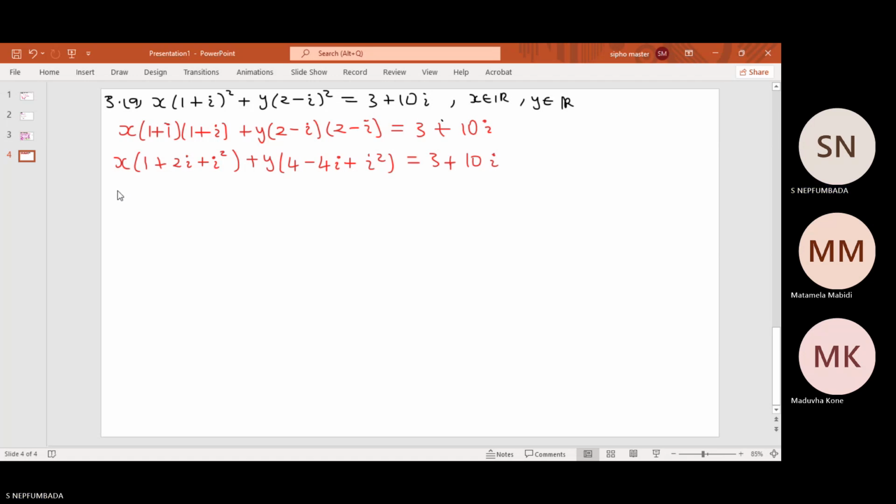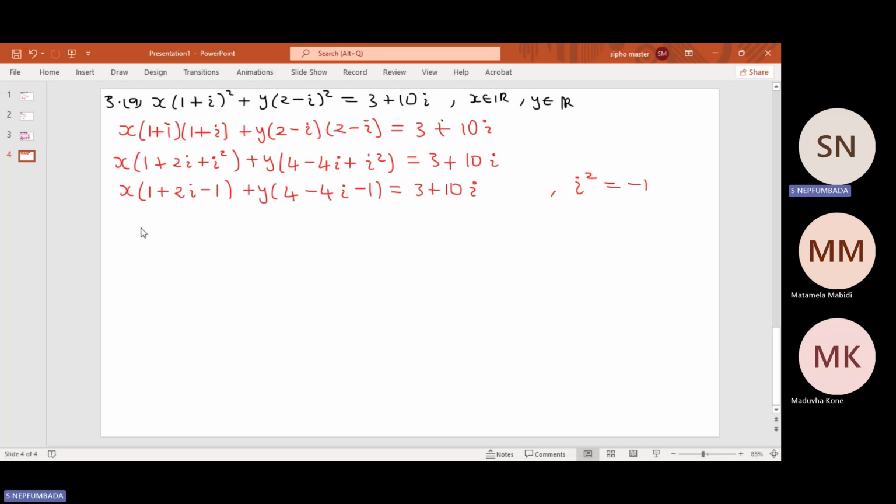So we know that this is x into 1 plus 2i minus 1 plus y into 4 minus 4i minus 1, which is equals to 3 plus 10i. You write that for them because i squared is equals to minus 1. Now we save.